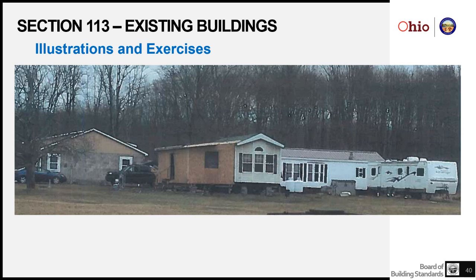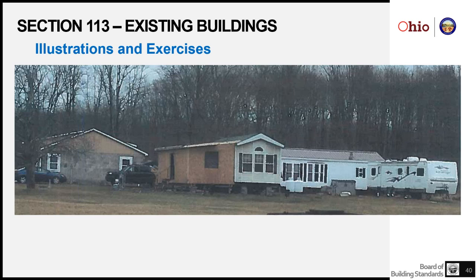It's sort of our opinion that because it is a park trailer, which is not a regulated building, and they are putting an addition to it that is integrated with the park trailer, that addition is actually modifying the park trailer and is outside of the scope of the RCO.